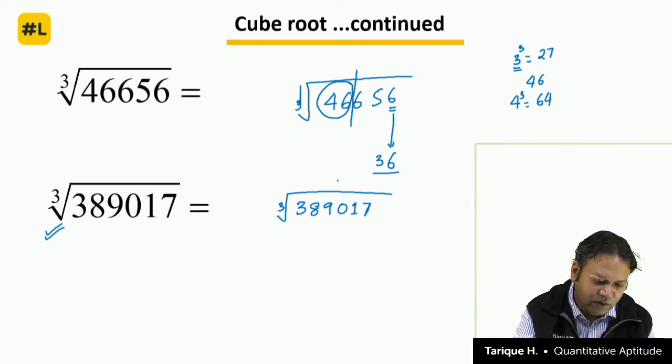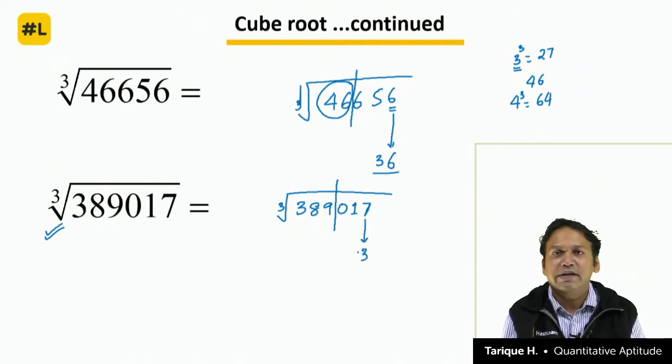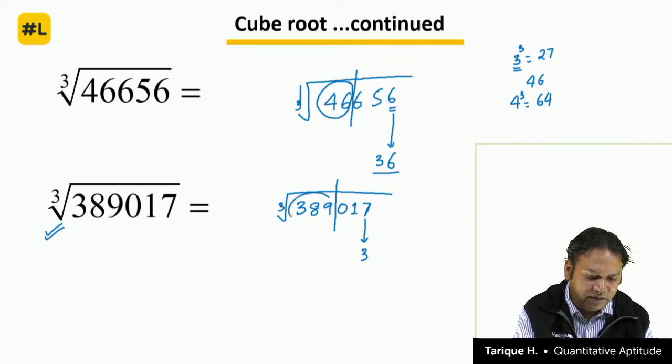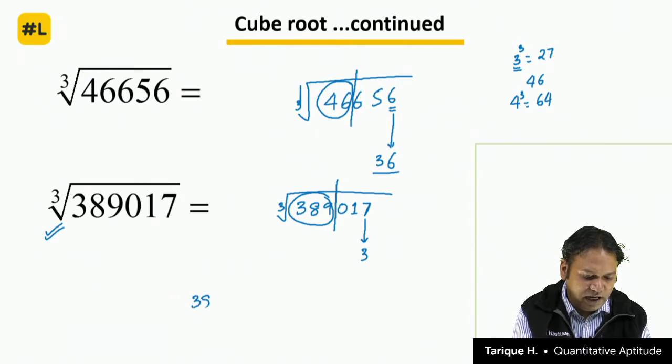What is the cube root of 389017? So again you cut off the last 3 numbers. 7 ends in 3, 3 ends in 7, 7 ends in 3, and 389. 389 is between which two cubes? 389 is between 7 cube and 8 cube. So we should know cubes of numbers till 9 at least.